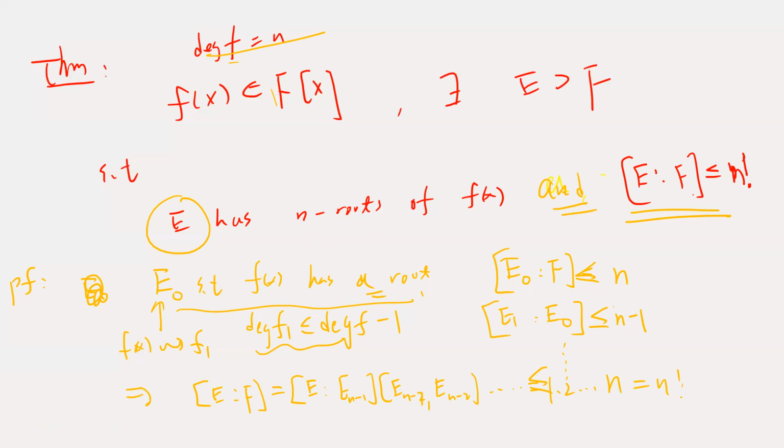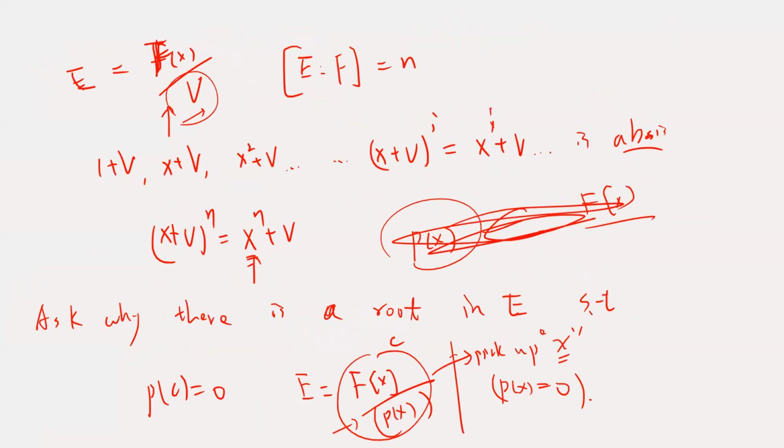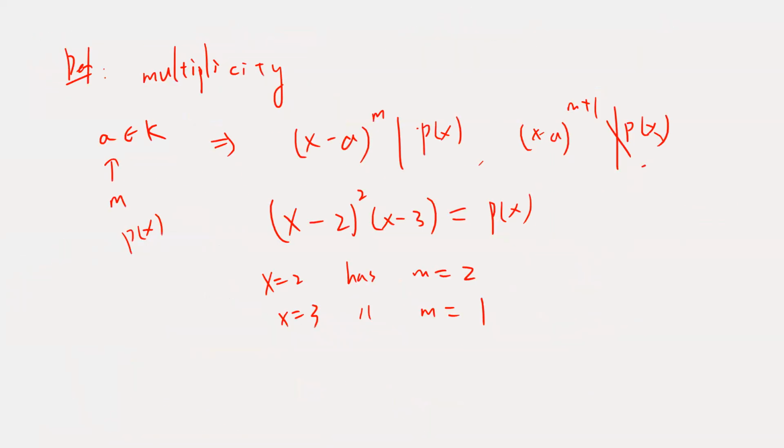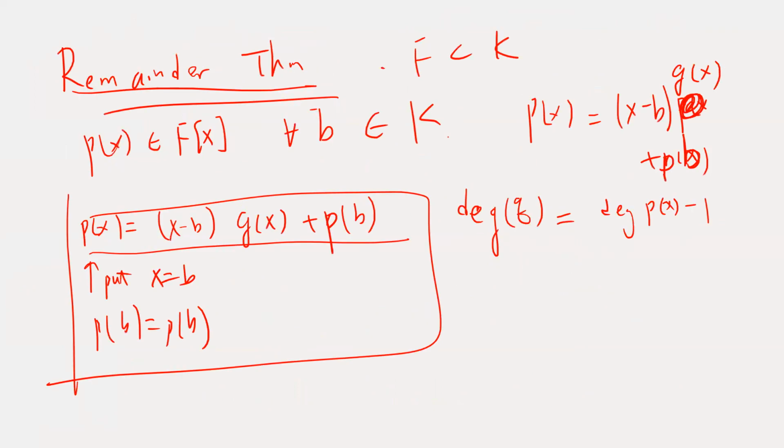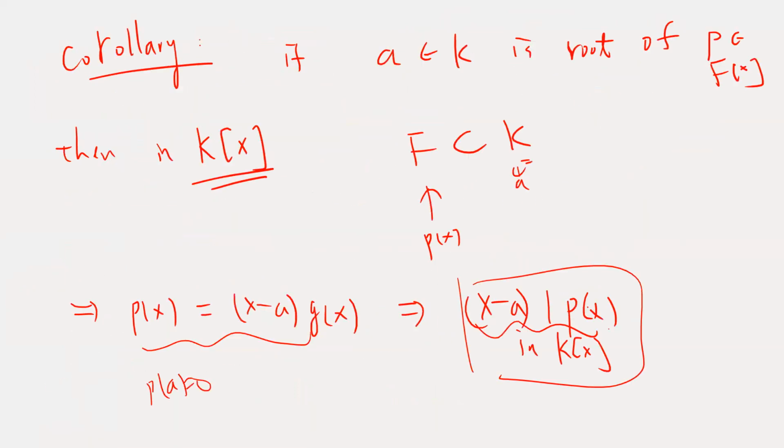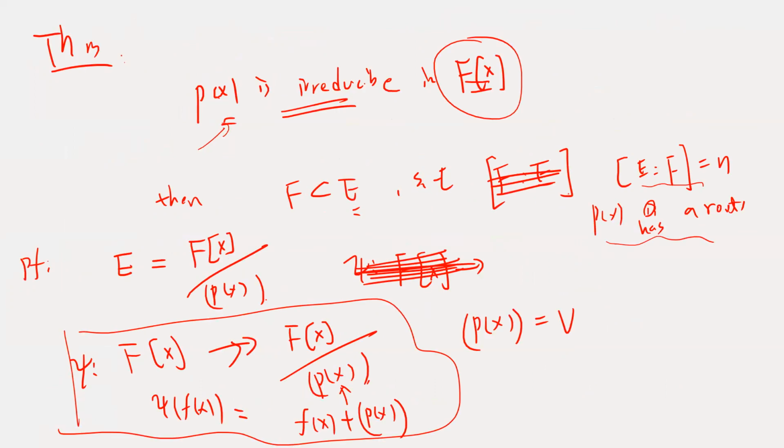Okay, and next time we can talk about the splitting field. Up to now we already know some basics of the polynomial ring. I think this is easy, the roots of a polynomial. The astonishing results are these: first, if you have an irreducible polynomial in F, then you can always find a field extension in which there is a root.